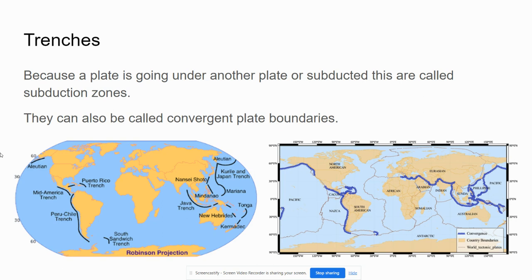So when you look at the pictures on the bottom, all of those places can be called locations where we're going to see trenches, because one plate is being subducted underneath the other. Those are all subduction zones. Those are all convergent plate boundaries. So all of those blue areas, or the lines on the one graph or picture, are showing all the places where the plates are going towards one another and creating those trenches.